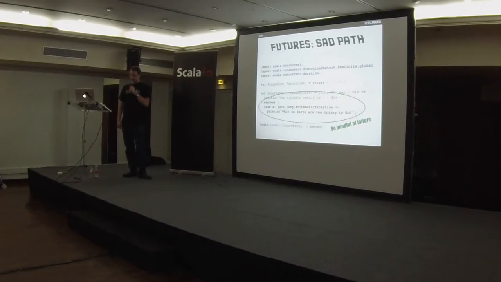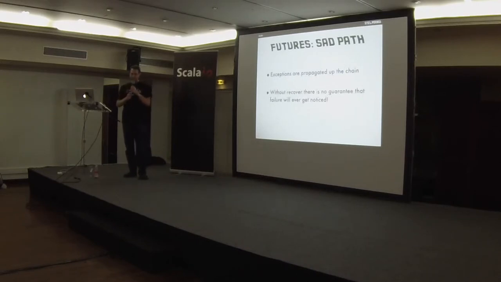And if you want to handle this kind of exception, you have to add a recovery mechanism here. Be mindful, so you sort of know this might throw something, so I can deal with it. And when I run this code now, I will get, what on earth are you trying to do? So why do we need to do this await? Why do we need to block here explicitly?